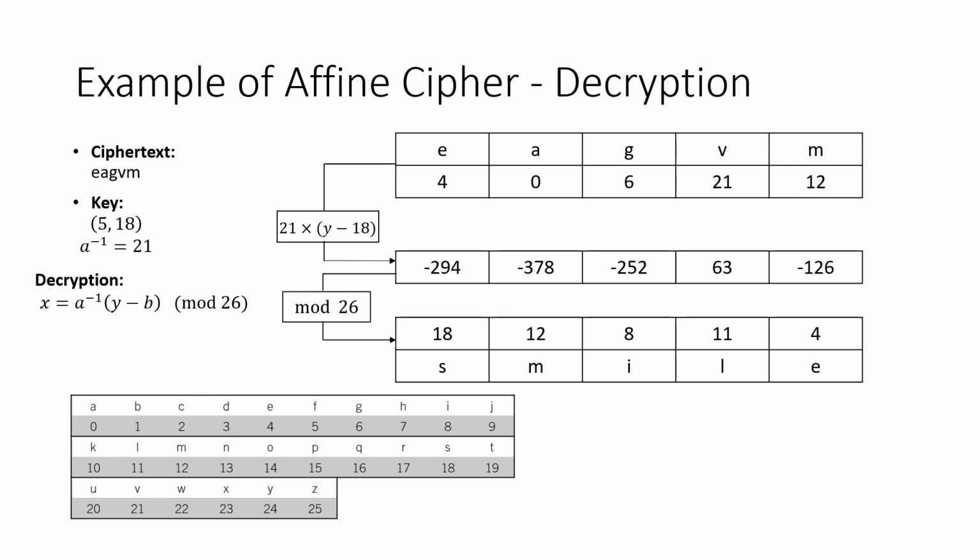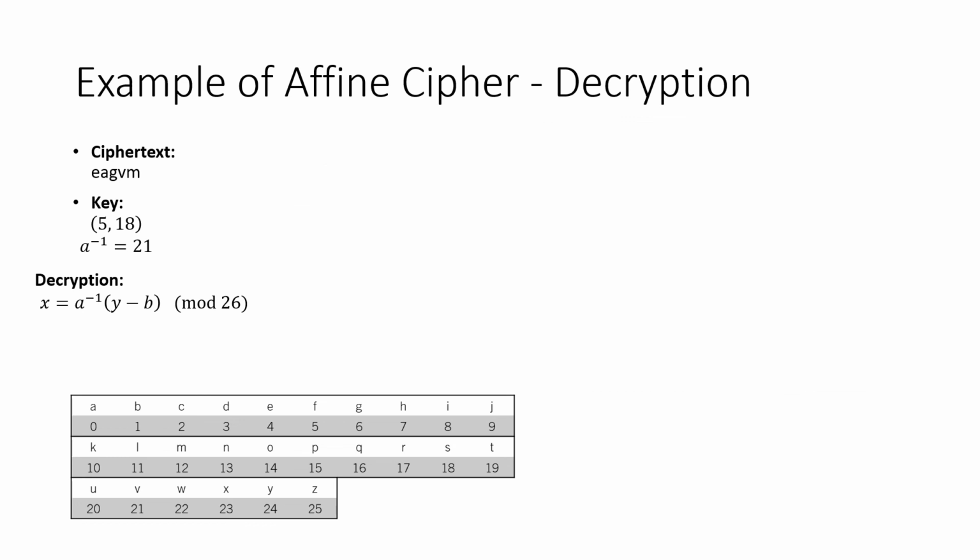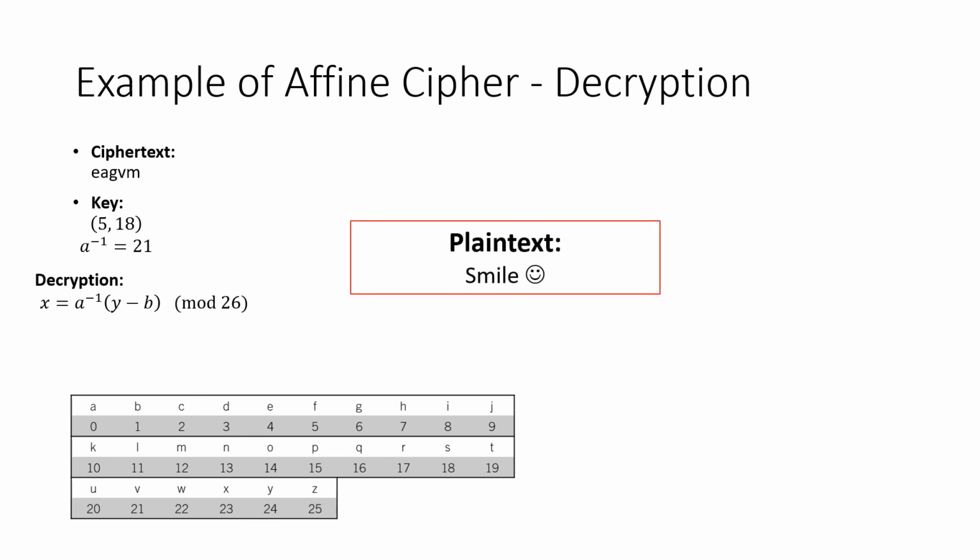We look at the plaintext that we get using the decryption function, and we see we got the same plaintext that we started with originally, and the word is smile. So that's it. We got our plaintext back once again, the word smile.